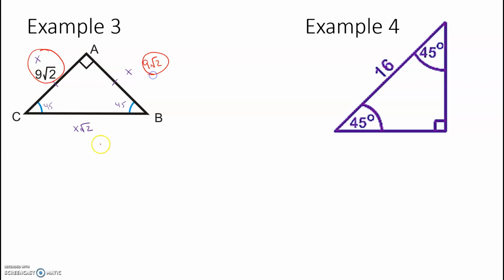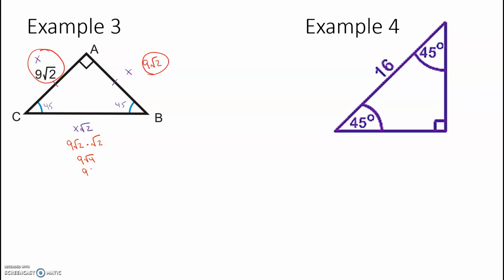Here's one of my answers. X root 2, so x was 9 root 2. So that's x times the square root of 2. So we have 9 root 2 times root 2. Root 2 times root 2 is the square root of 4.